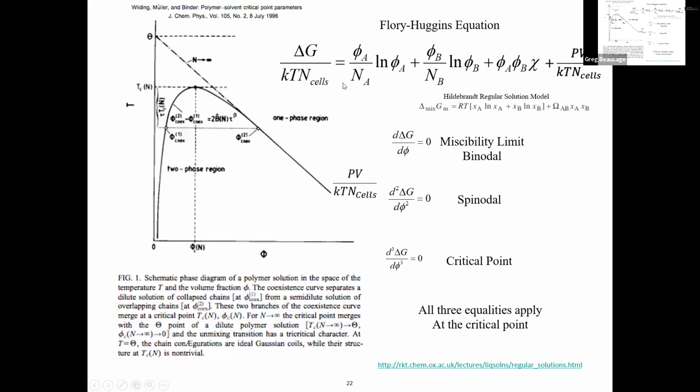If you want to do any kind of calculation with this equation, you have to add PV because the Gibbs is the thing you want to balance out to get the chemical potential. To say two things are at the same chemical potential means they're at equilibrium. So that's kind of a twist of this. You'll never see that term thrown in except when people start doing calculations with it, and they'll just toss that in, not say anything. So anyway, that's that.